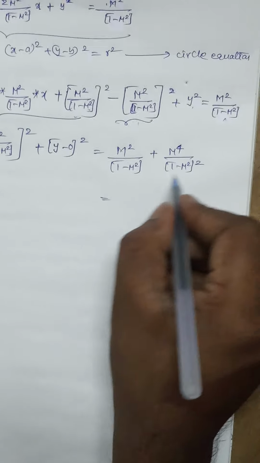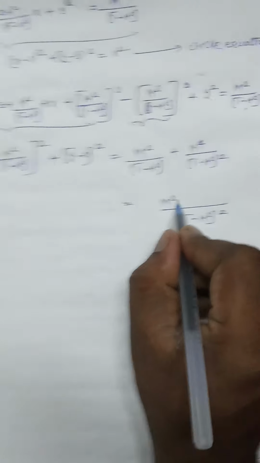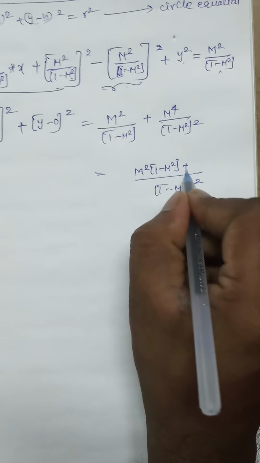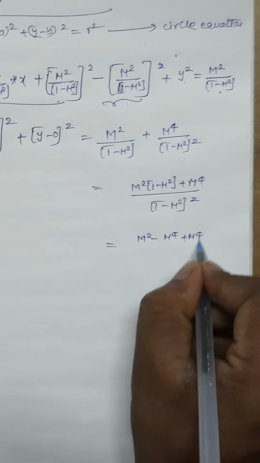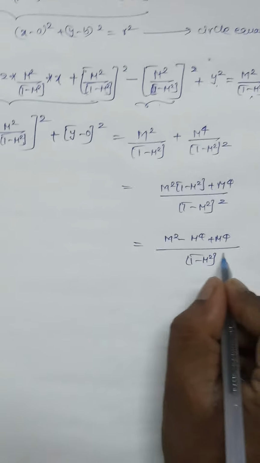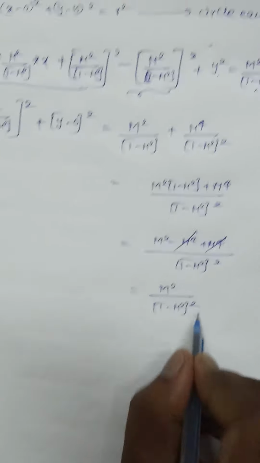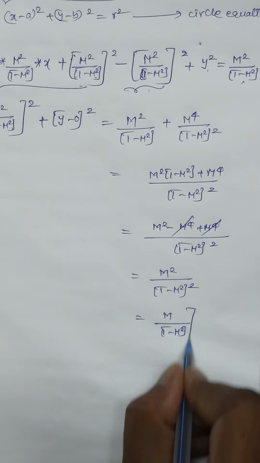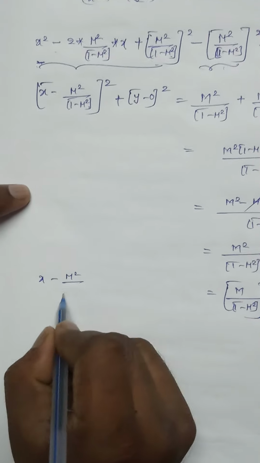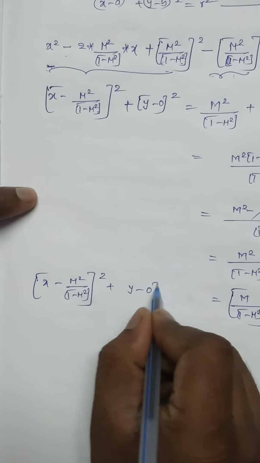If I take 1 minus m square whole square as the LCM here, then m square into 1 minus m square plus m power 4, that is equal to m square minus m power 4 plus m power 4 divided by 1 minus m square whole square, that is m square divided by 1 minus m square whole square, and this is equal to x minus m square divided by 1 minus m square, whole square, plus y minus 0 whole square.